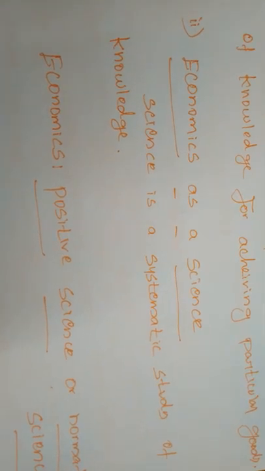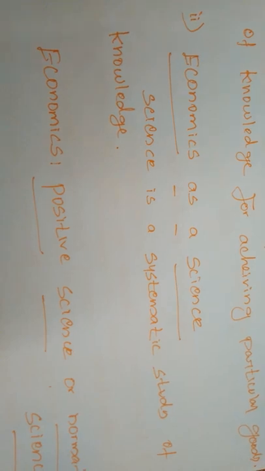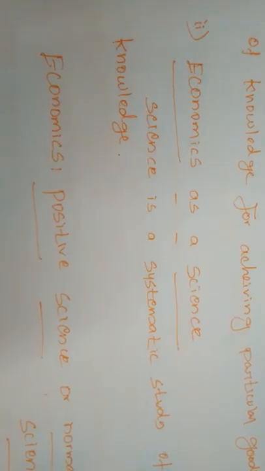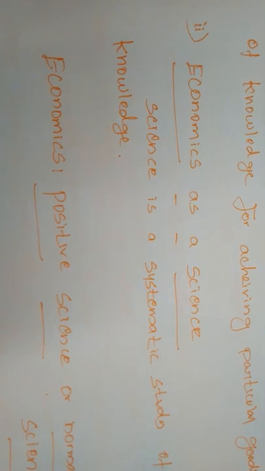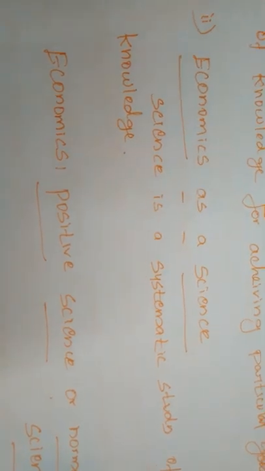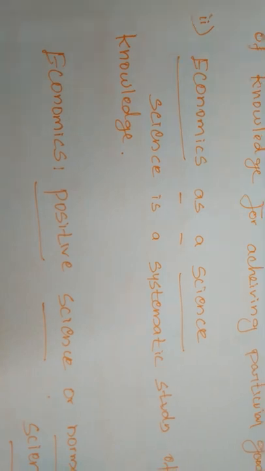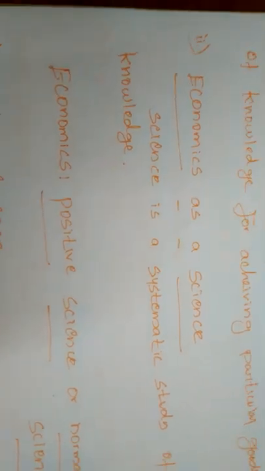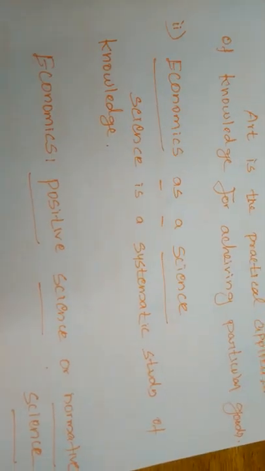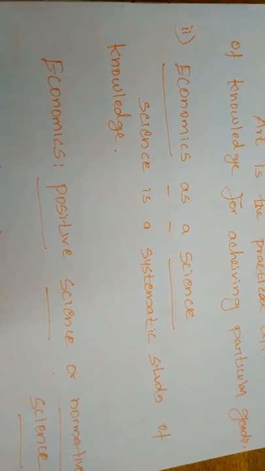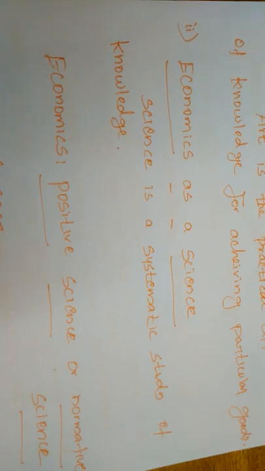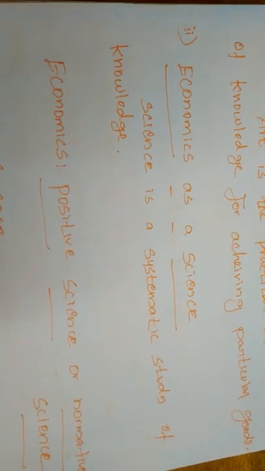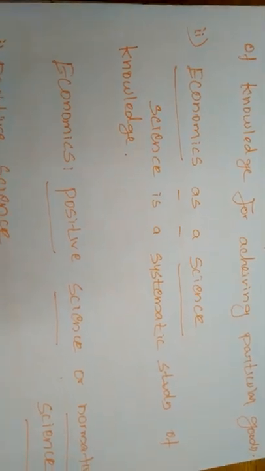For example, the supply of a commodity is determined by the price of the commodity. When the price of the commodity increases, the supply of the commodity also increases. Normally, if the price is increasing, the producer will increase the supply, because at that time he can earn more income, right?